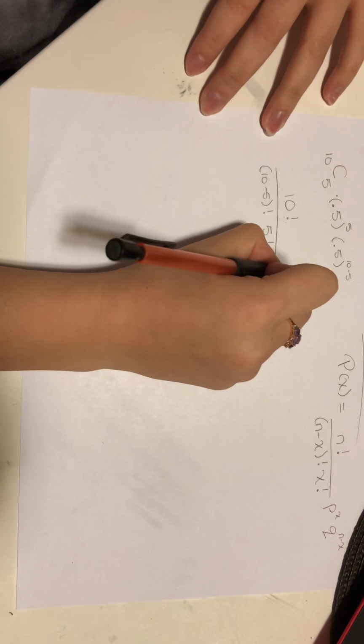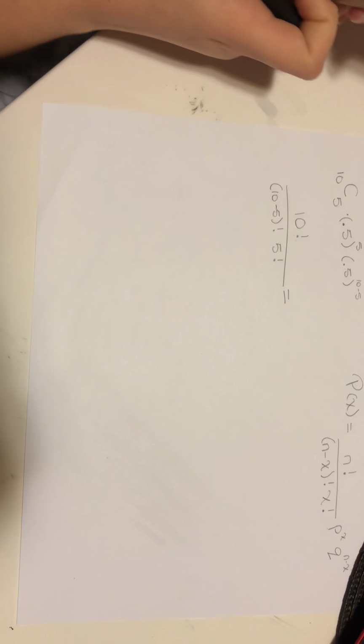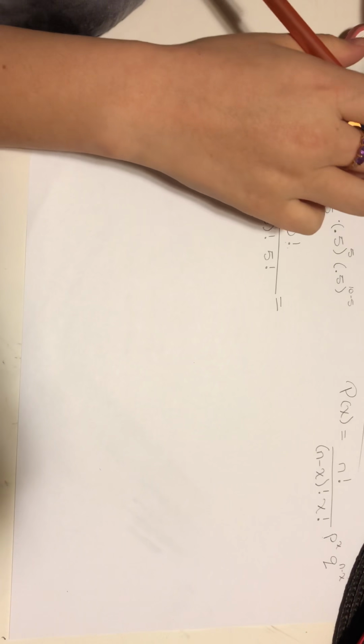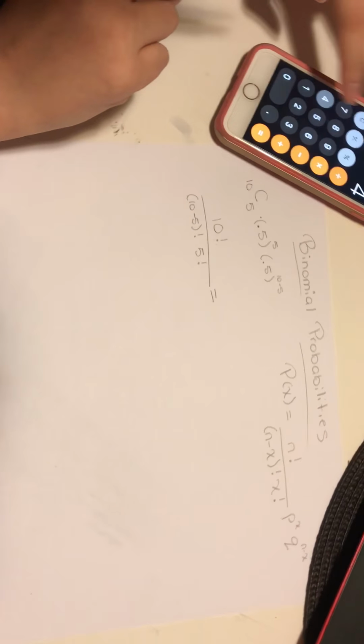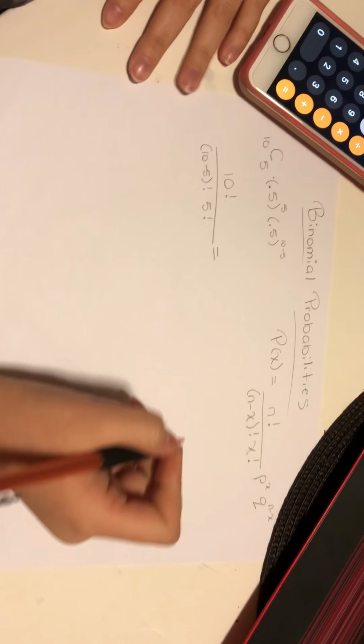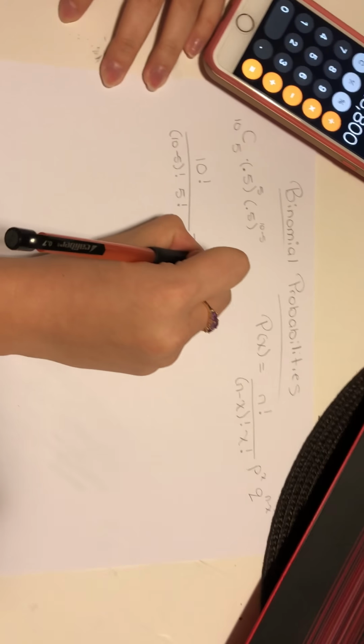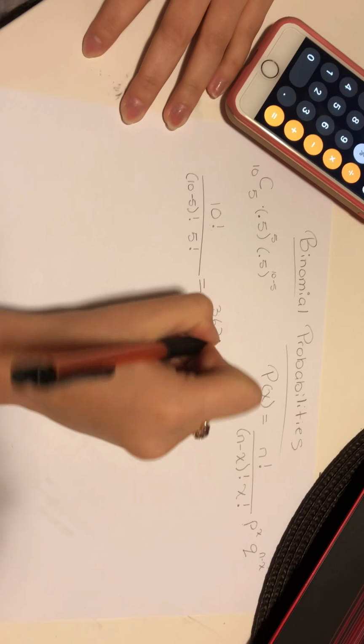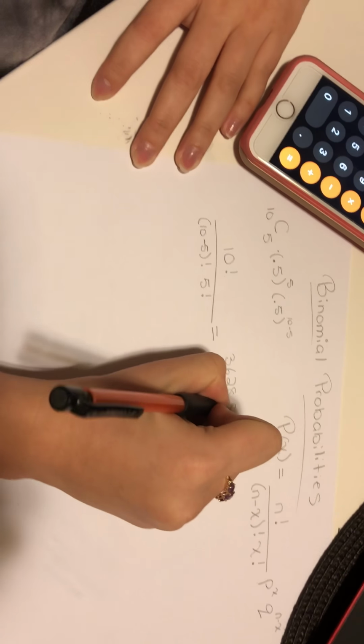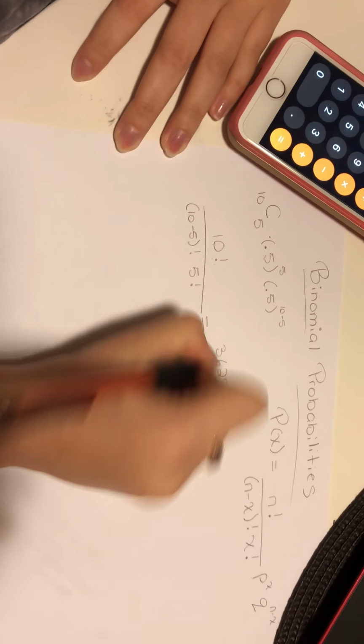Okay, so this will give us, one second, 10 times 9 times 8 times 7 times 6 times 4 times 3 times 2 equals. Okay.